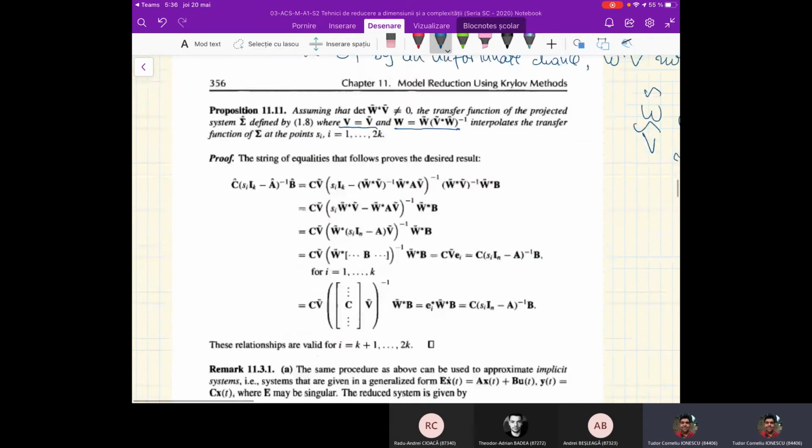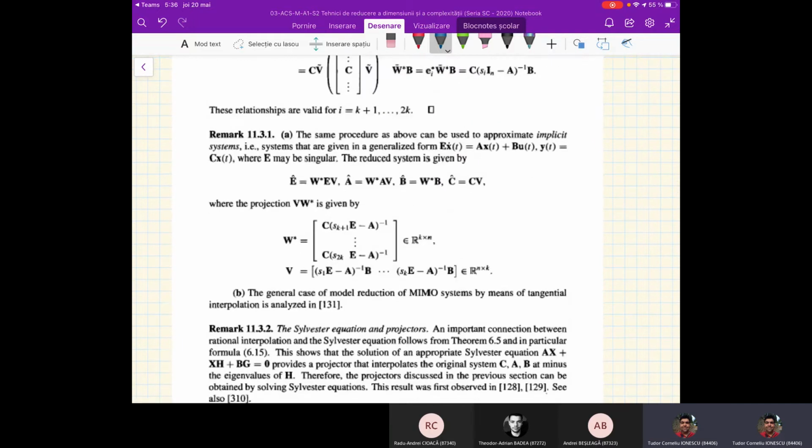Okay. And indeed, if you apply this W and this V, you match 2K interpolation points. Okay. There is a remark here telling you that you can also extend this relation to differential algebraic systems. Okay. So generic systems, these are called descriptor systems with E not necessarily invertible.